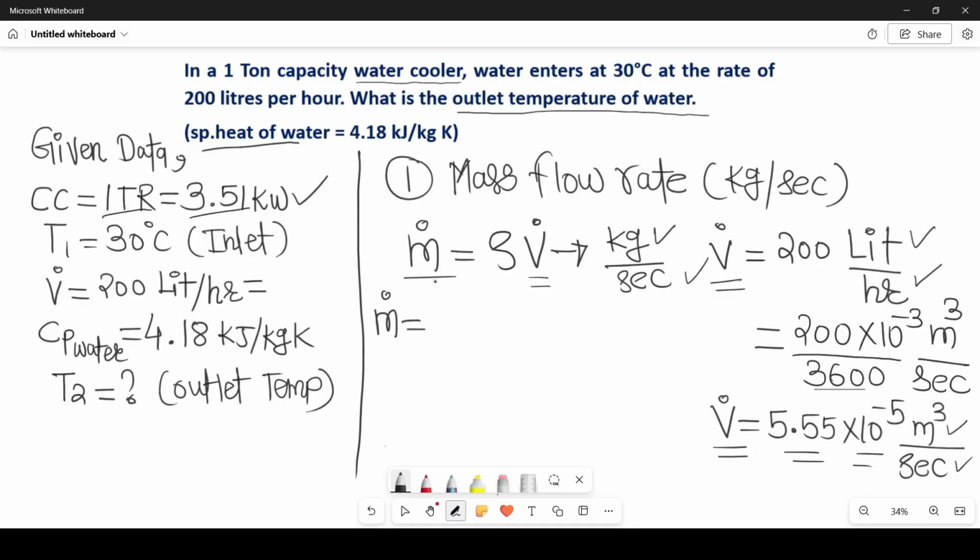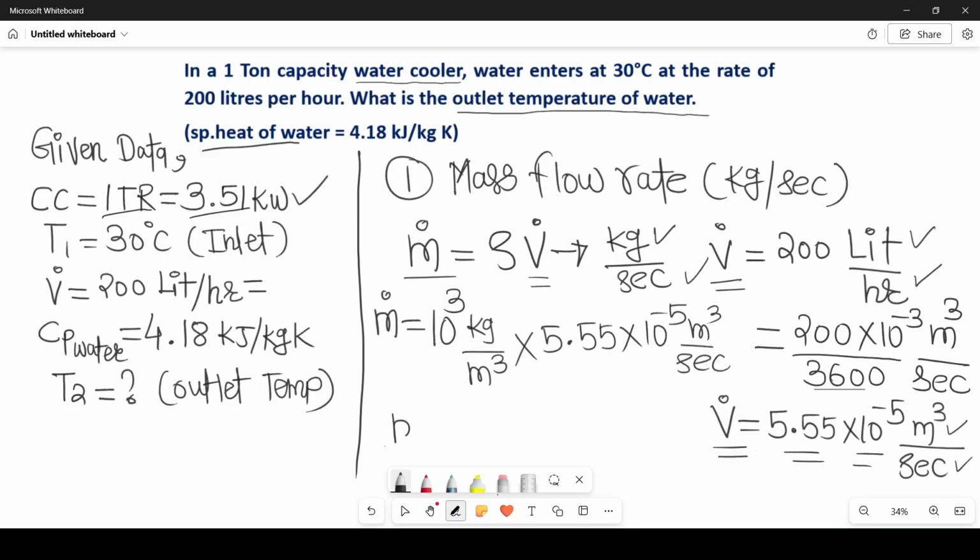So let's calculate this mass flow rate here, which is equal to density of water multiplied by the volume flow rate of water. Density of water is, we already know that, 10 raised to 3 kg per meter cube multiplied by the volume flow rate, which is equal to 5.55 multiplied by 10 raised to minus 5 meter cube per second.